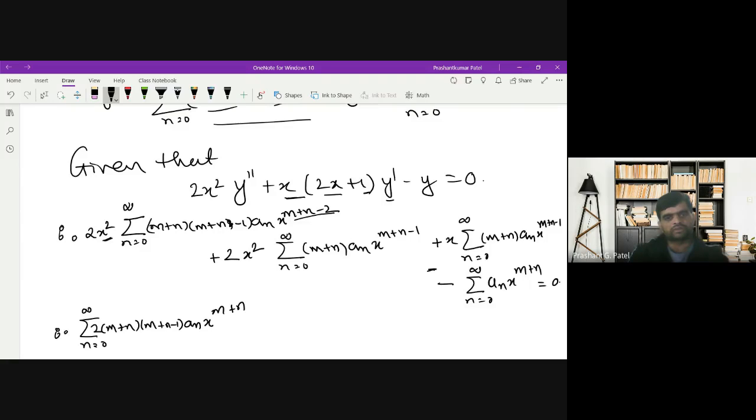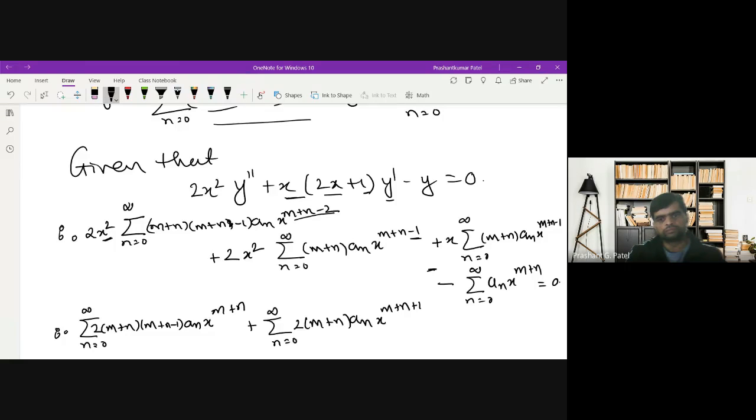Plus summation n running from 0 to infinity, 2x square will multiply inside, so 2 into (m plus n) a n x power m plus n plus 1, because this is m plus n minus 1 plus 2, so this value you will have.